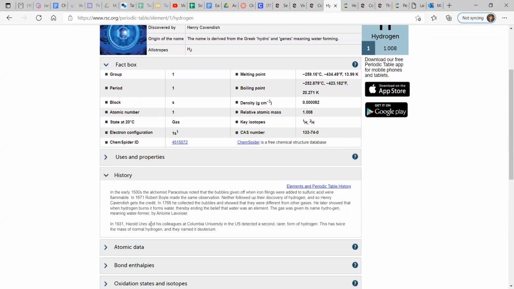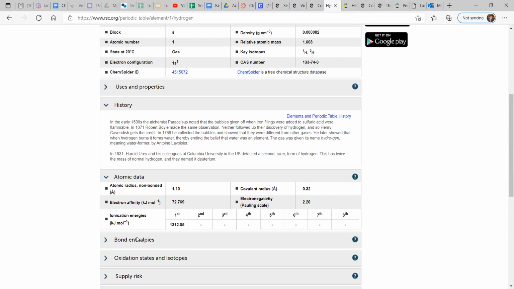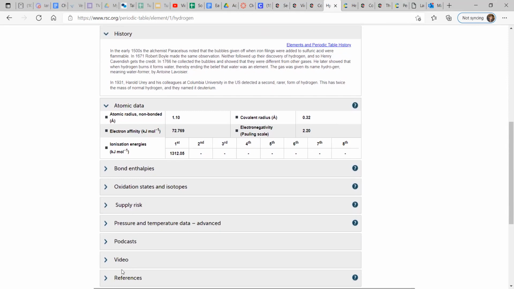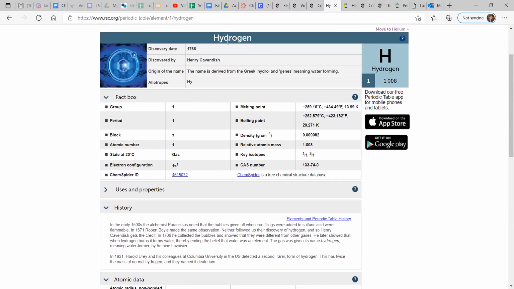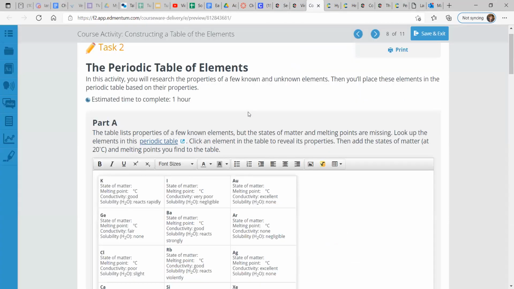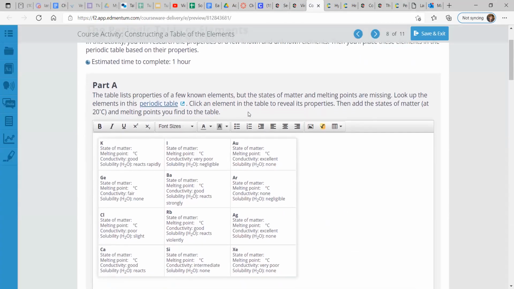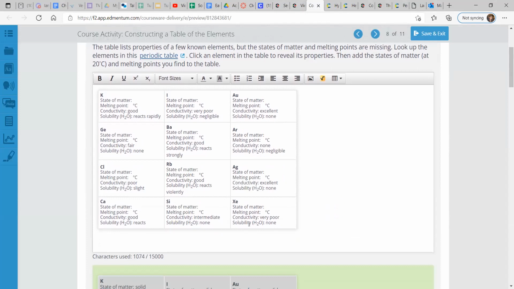The history. So how did we discover hydrogen as a separate element? Atomic data, and more info about each element. And here we're given potassium, iodine, germanium, barium, chlorine, silicon, gold, silver.